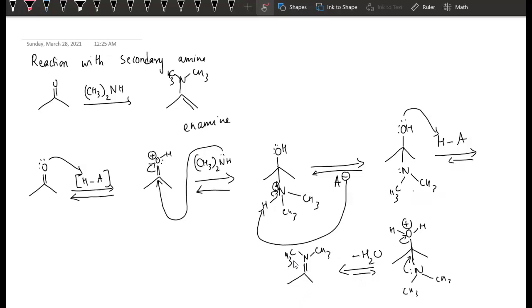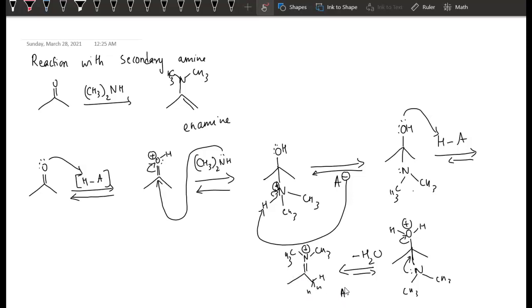Okay, all right. Now nitrogen gets, to get rid of this nitrogen's positive charge, in the case of imine we had a hydrogen which could be grabbed by the base, right? But in this case there is no hydrogen, so what's going to happen is, remember this carbon has hydrogens here, right? These are CH3s.